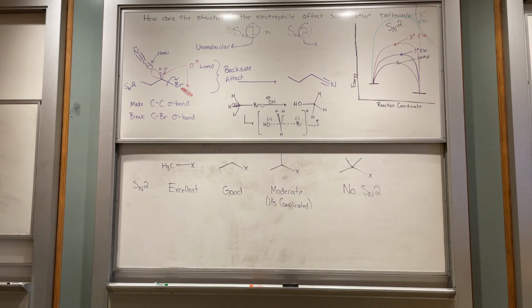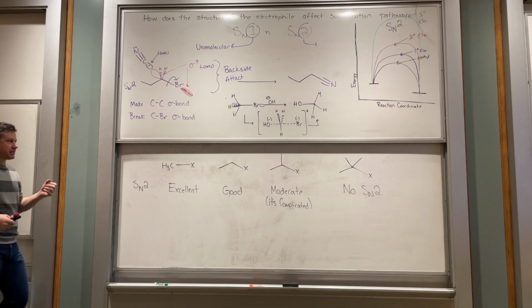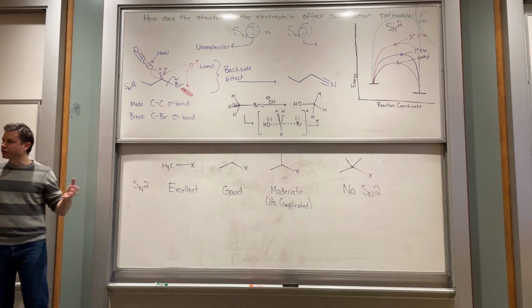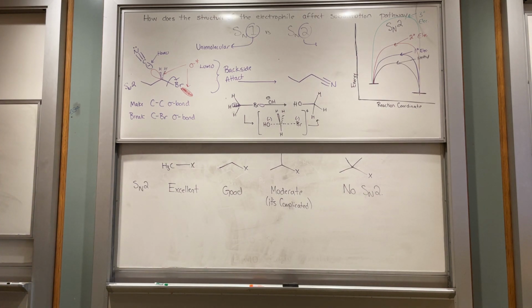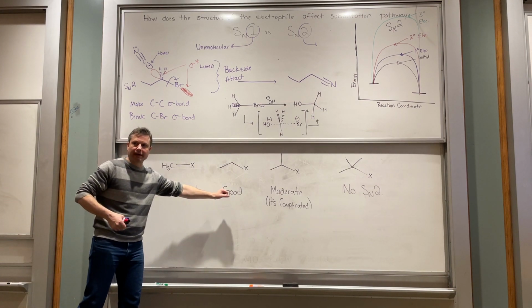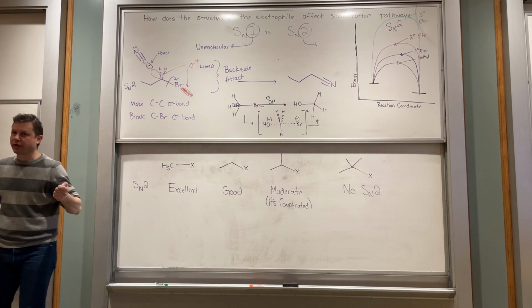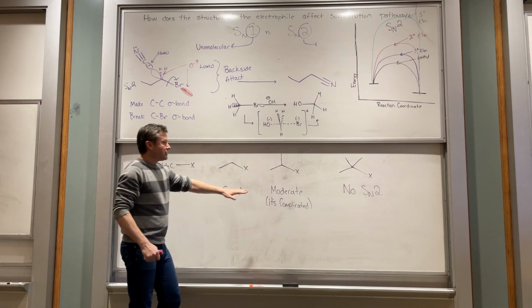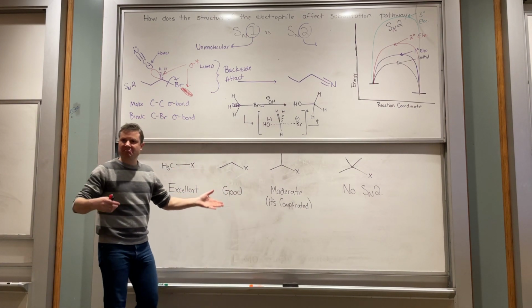Really, really fast. You can take water and mix it with methyl bromide, and those are going to react pretty exothermically, pretty quickly. Primary electrophile is also really good at doing SN2 chemistry. Secondary electrophiles, it's complicated.